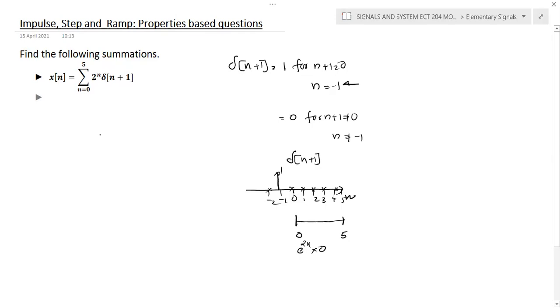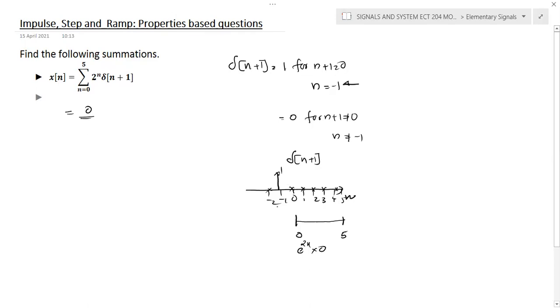Okay, so if you evaluate this particular summation over the interval 0 to 5, you will get 0, not 2 raised to n at n is equal to minus 1. So always remember that when the discrete time impulse signal exists outside the limits of the summation, your result becomes 0.